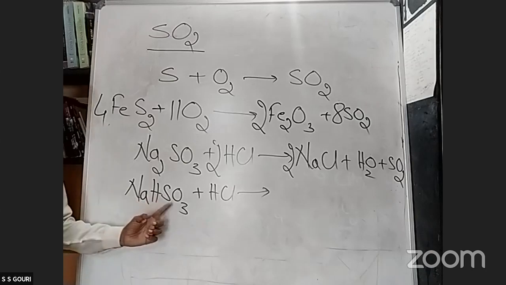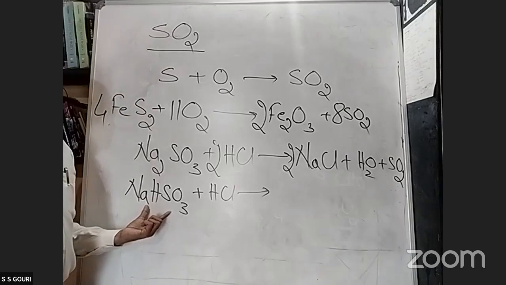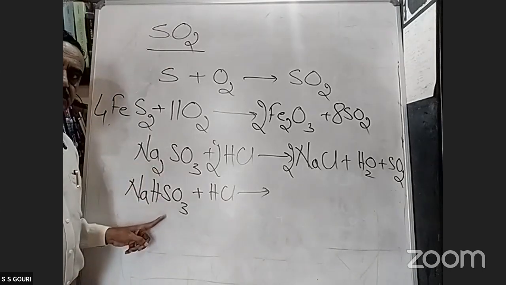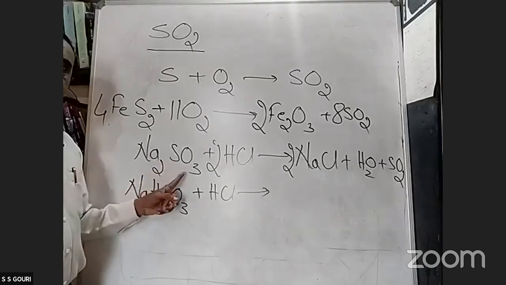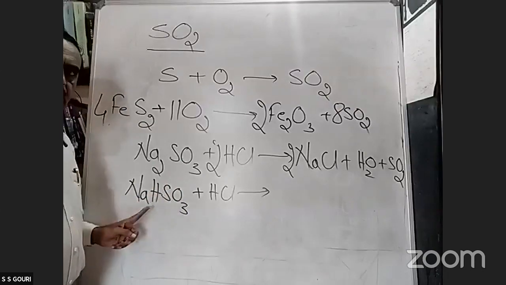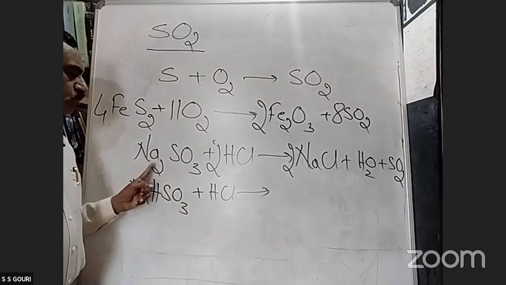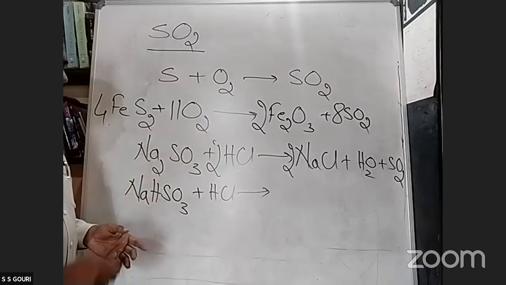Sodium hydrogen sulfite, or sodium bisulfite. It's very similar to Na2CO3 and NaHCO3. You can recall them: Na2CO3 is sodium carbonate, NaHCO3 is sodium bicarbonate. Similarly, this is sodium sulfite, and this is sodium bisulfite.